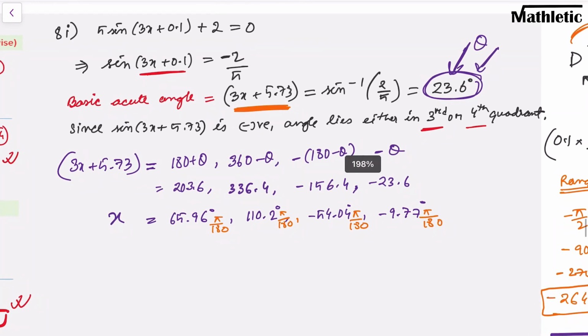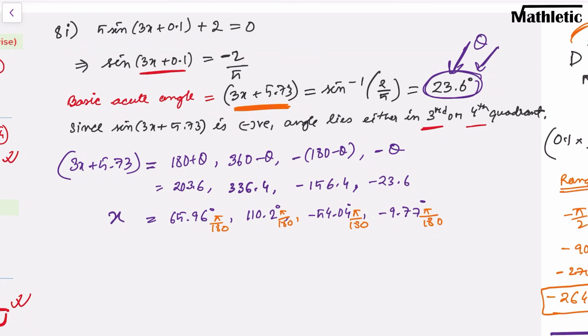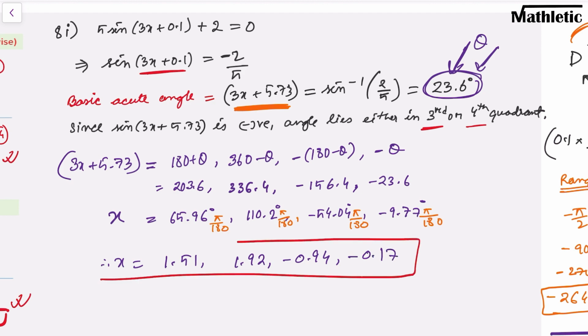I have used degree mode throughout the entire time. Just at the last line, I am converting the final results, since I need to keep the answers in radian mode. So this will be 1.51, 1.92, minus 0.94, minus 0.17. So these are my final values.